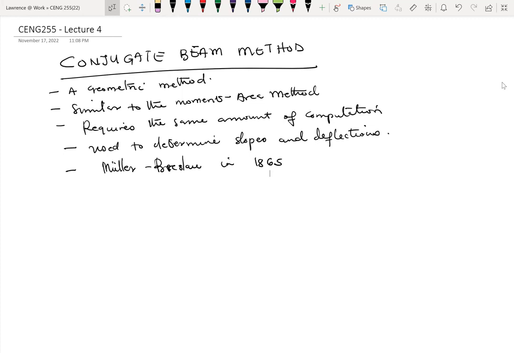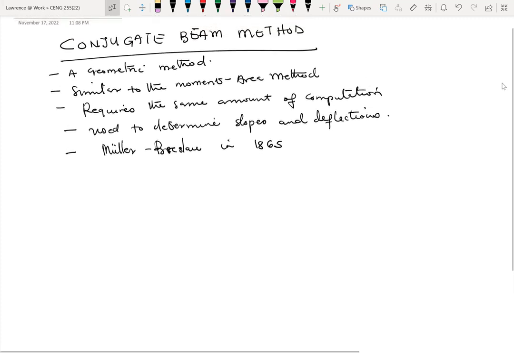It pretty much relies on the principle of statics.